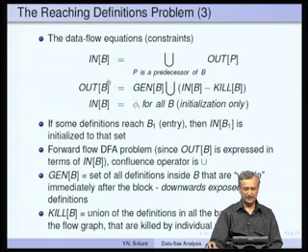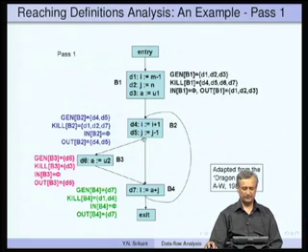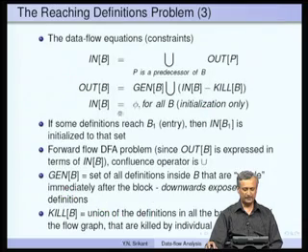So, let us understand the meaning of these two equations. The outset says, out of B says, whatever is computed in the basic block, that is gen, the locally generated set of definitions, and then union it with whatever comes from the top as in, and whatever is killed by the basic block, that is removed, minus kill. So, if you look at this, suppose we take the basic block B2 and we are computing this outset.